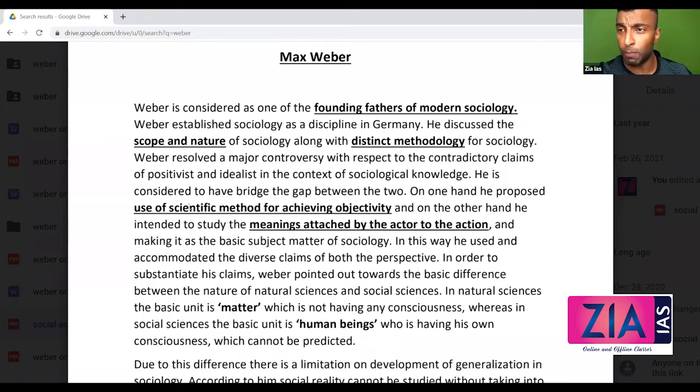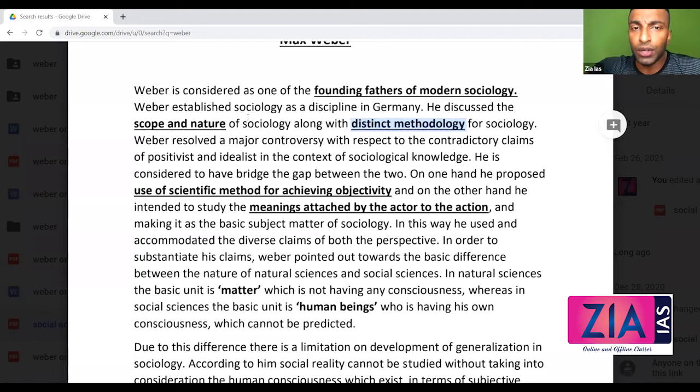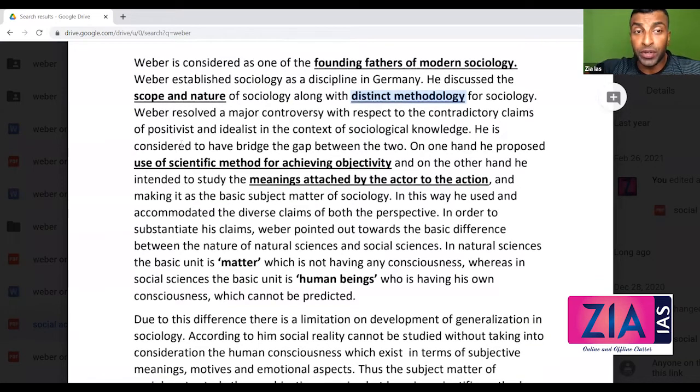See, he discusses scope. What is that? Study social action, right? Nature, sociology is a science, but not similar to natural science. That you need to remember. And distinct methodology, we are going to see different methods and his approach, right? Weber resolved a major controversy with respect to the contradictory claims of positivist and idealist in the context of sociological knowledge.